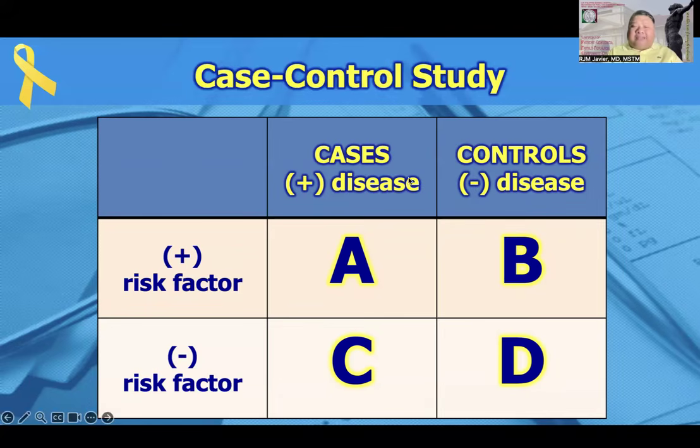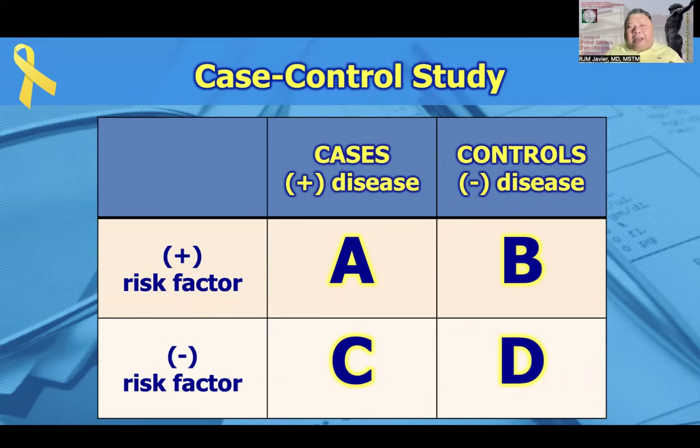On the x-axis on the top, you always have the presence or absence of the outcome, while on the vertical axis, you have the presence or absence of the risk factor or the exposure variable.